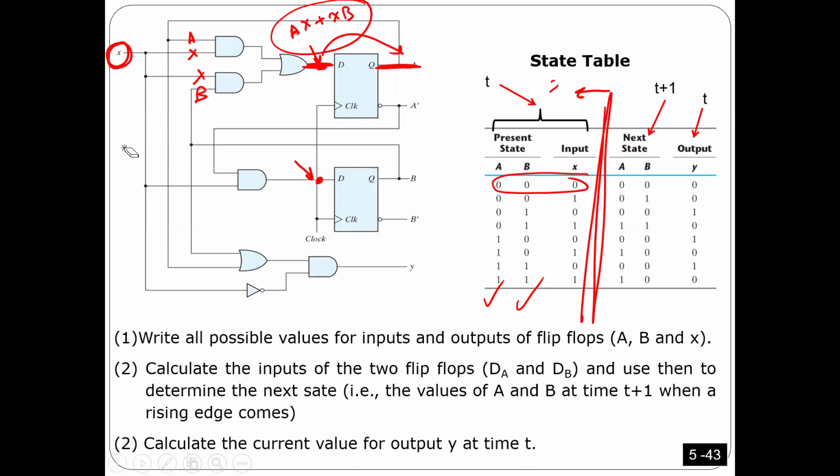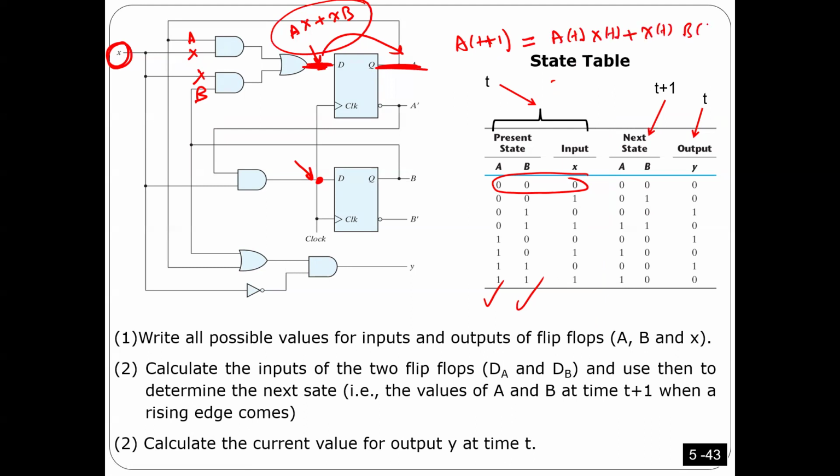So I can see here the first equation. I can write it here, guys. Look here. A of T plus 1, the new value for A, is equal to A at T, X at T, okay? X at T, B at T. So the new value for A is actually equal to the old value of A and X, or X and B. Make sense?